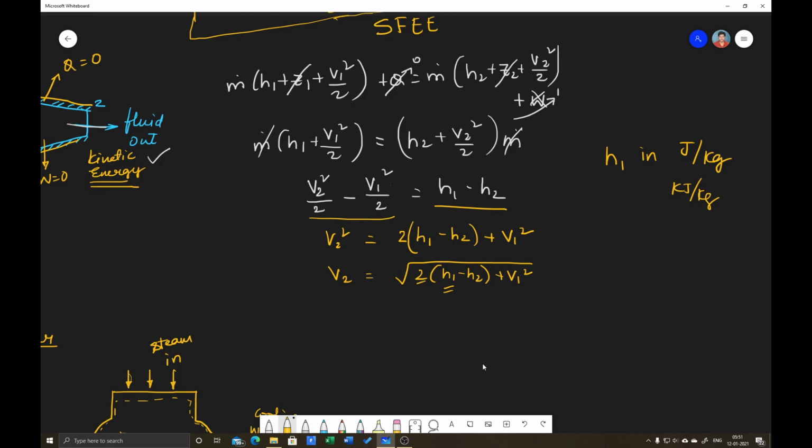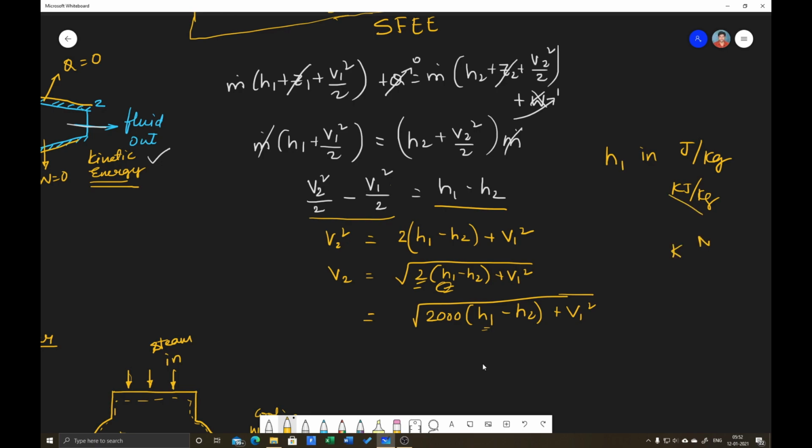If it is in kilojoules per kg, here you have to write 2000, because you first have to convert kilojoules per kg into joules per kg and then calculate the velocity. Okay, here it is simple. Say you have substituted in kilojoules per kg here.